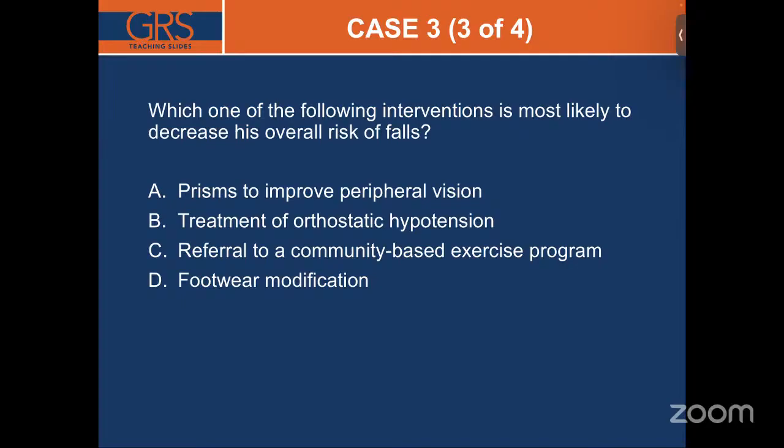I can't see the chat box, but anyone can. I'm not sure about the answer, but I can help rule out the first two. That's great. Yeah, the question is telling us that his vision is okay, so I don't think it can be A. And he doesn't have orthostatic hypotension. It seems normal when he is supine and standing. So it's either C or D, but I'm struggling to determine which.